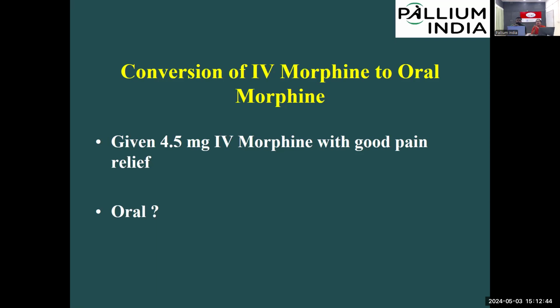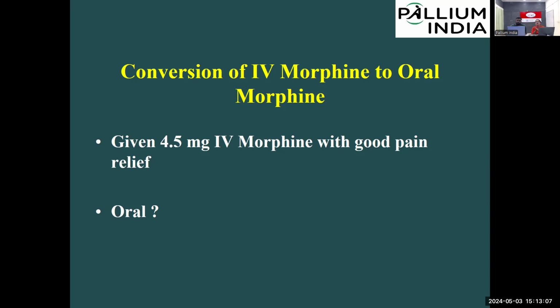After the morphine titration, it is a 1:1 conversion rate. The patient has been given 4.5 milligram of IV morphine and had adequate pain relief, so the IV morphine can be converted to 4.5 milligram of oral morphine. That is 5 milligram of oral morphine.